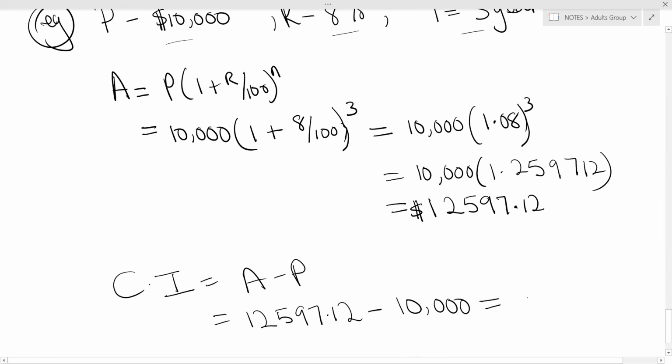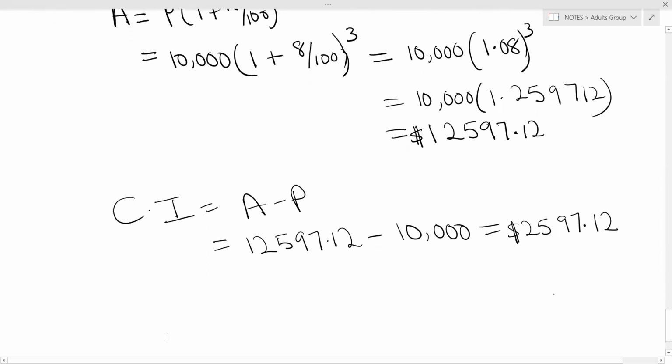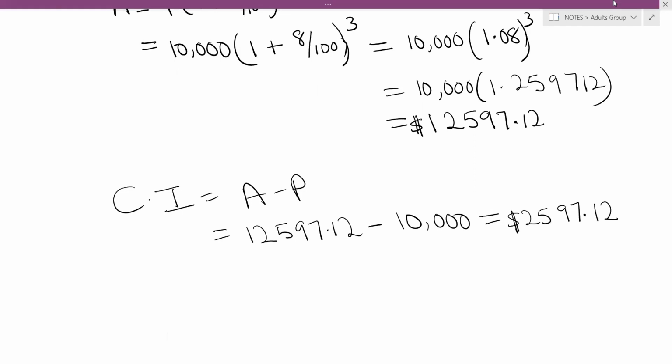And of course, the difference will be 2,597.12. So we see that this is a little more than what we would have received from the simple interest, which was about 2,400, I believe. Yeah, because we kept adding back the money and growing our interest, or growing our principal in each new year.